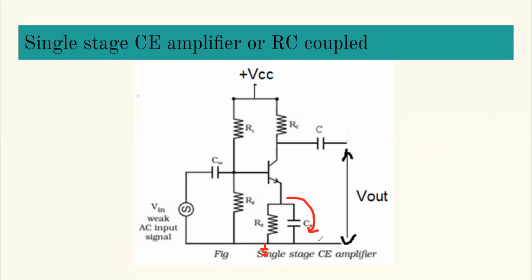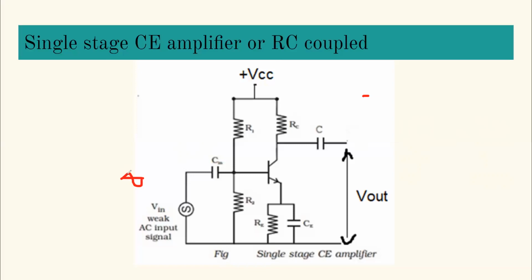Okay, fine. Now, during the positive half cycle, what happens? Let us see. Now during the positive half cycle, the base current increases. Okay, now as the base current increases, क्या बढ़ेगा? IC and IE will also increase, because IE is equal to IB plus IC.